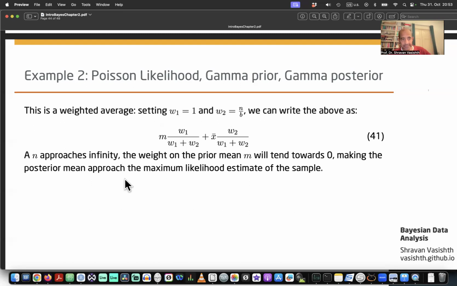So as n approaches infinity, the posterior mean will end up depending almost entirely on the maximum likelihood estimate, because this is going to be down weighted very heavily, and this will become 1, right? So the posterior mean will approach the maximum likelihood estimate.